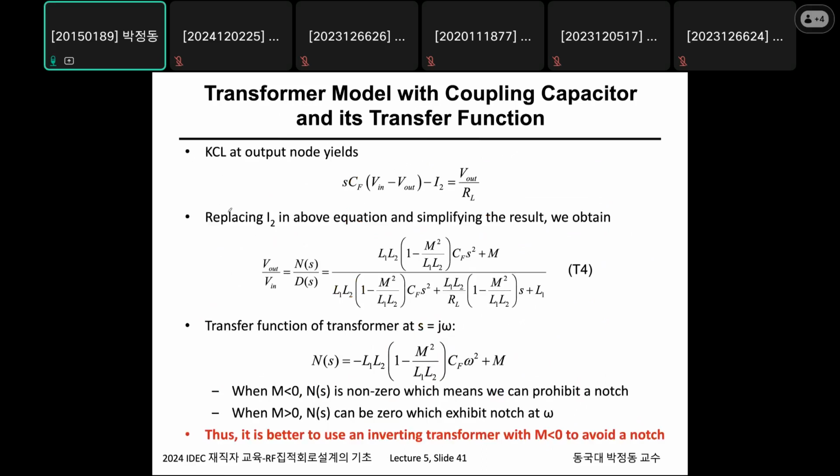If you apply KCL and replace I2 from this, then you can express the transfer function given by this.